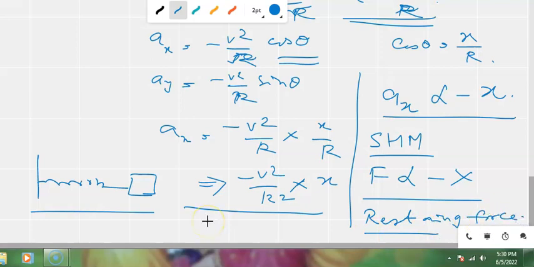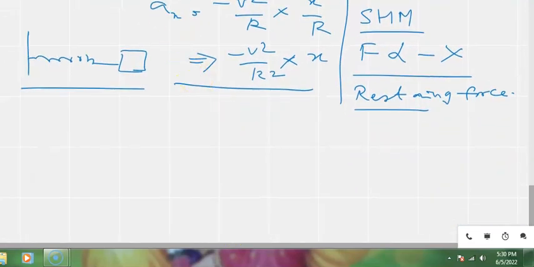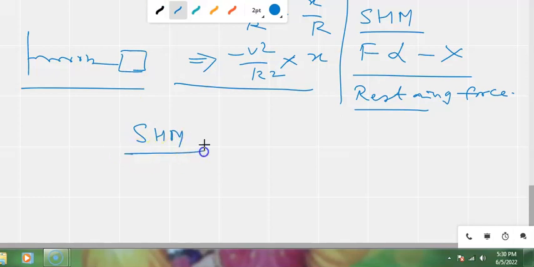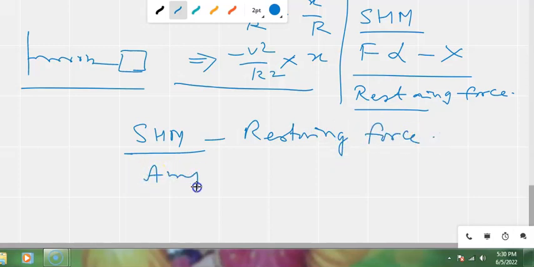The simple harmonic motion is executed when there is a restoring force acting on the object. So the simple harmonic motion is due to a restoring force, and it has an amplitude, in this case r, but generally when we discuss it we use the symbol A for amplitude.